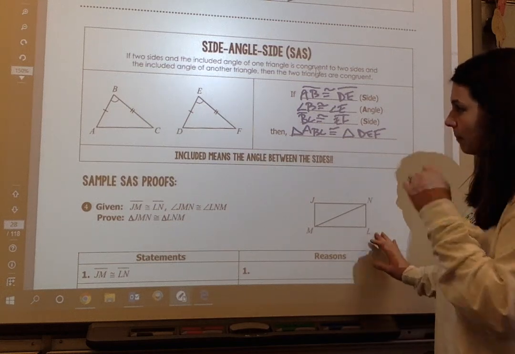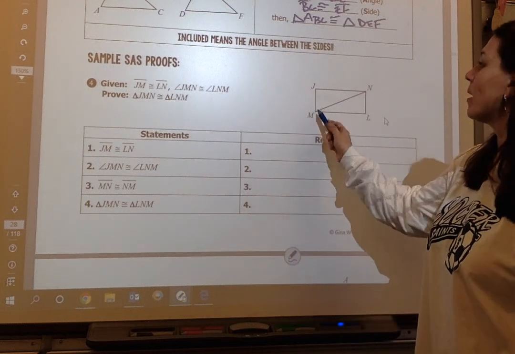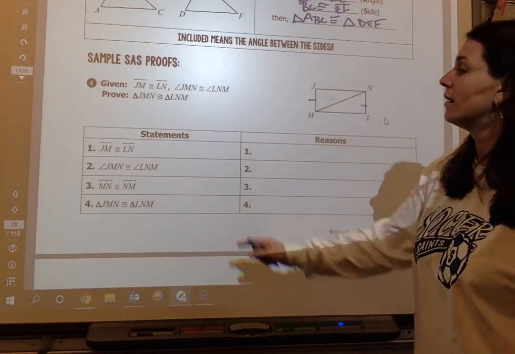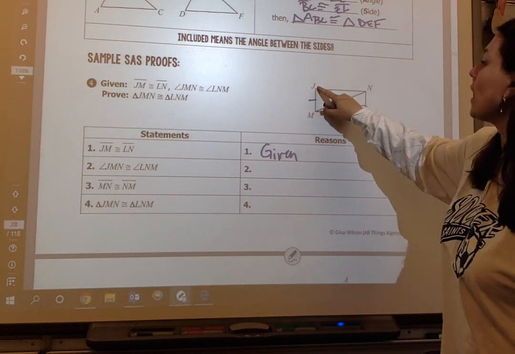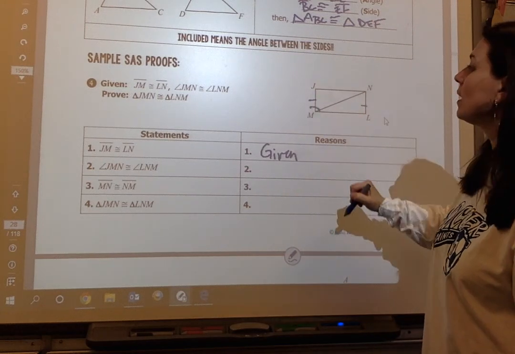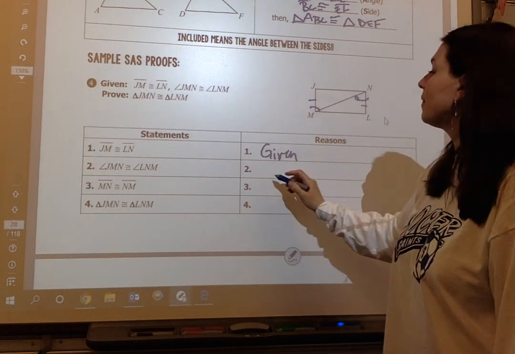So let's look at some of these proofs together. JM is congruent to LN. That is given to me. Angle JMN is congruent to angle LNM. That is given to me.